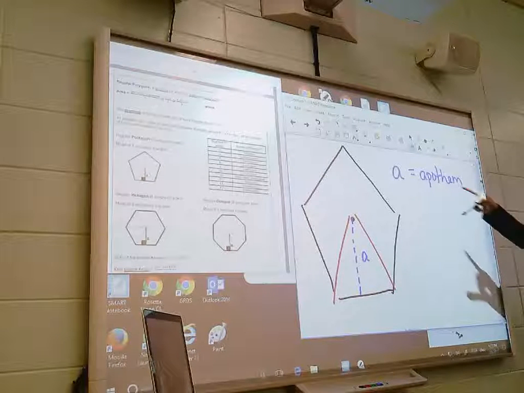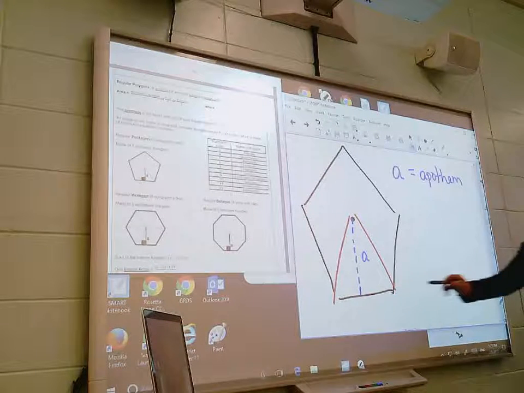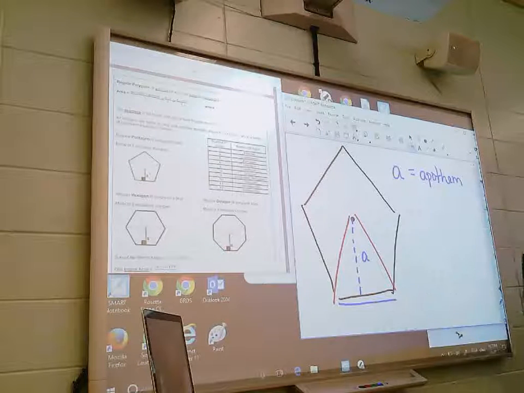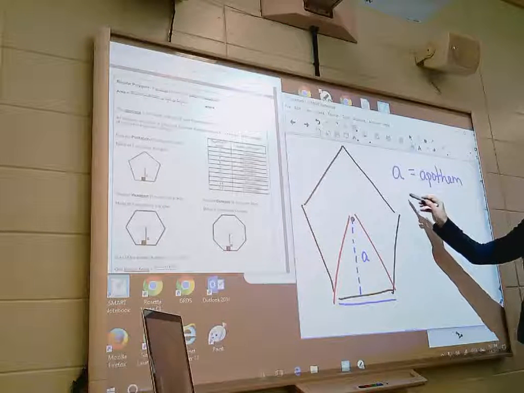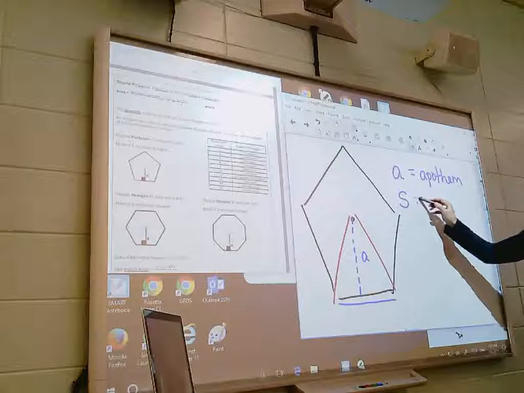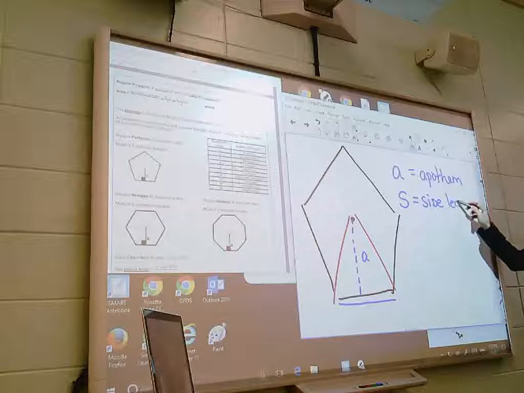Area. Now, rather than calling this the base, they call it the side length. So S is equal to the side length, which is known to us as the base. Okay?